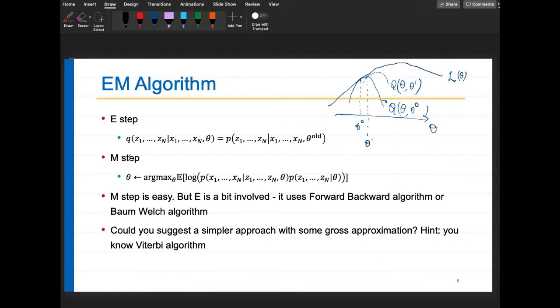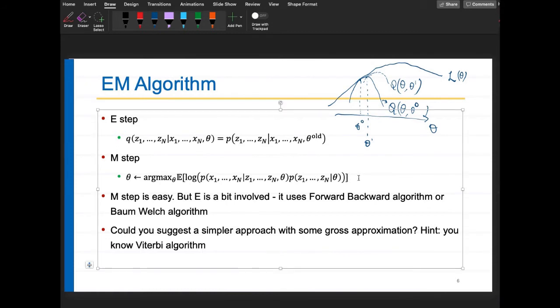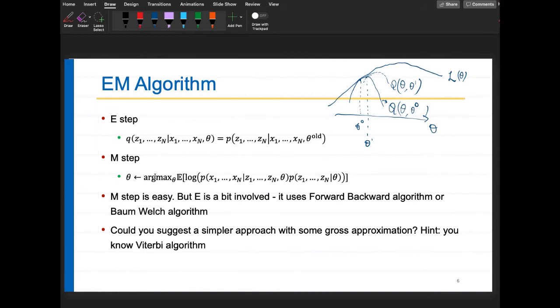Now in the M step, what do you do? In the M step, you are doing argmax of the expected value of log of p(x, z), and you are optimizing for theta given your gamma or the responsibilities, right? So now you have to solve these two equations, which are not very easy to solve.